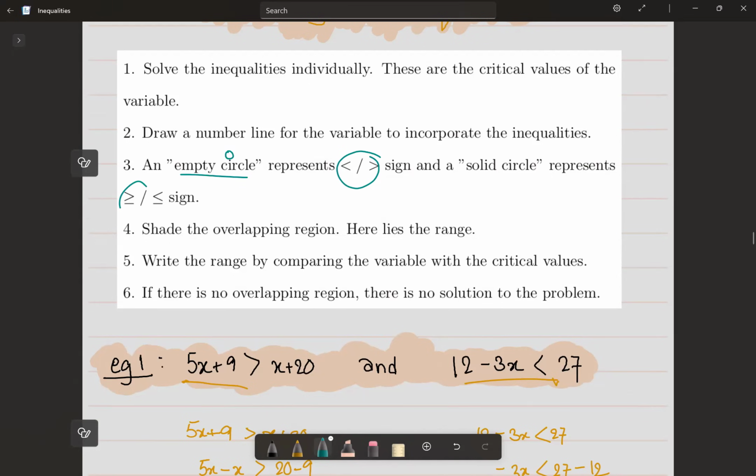And for greater than or equal to, or less than or equal to signs, when we have an equals attached to them, we draw a solid circle, a filled black circle. For greater than or less than, we simply use an empty, blank circle.